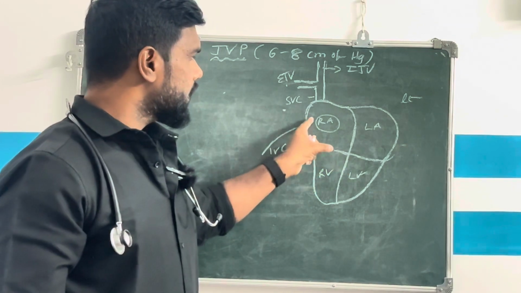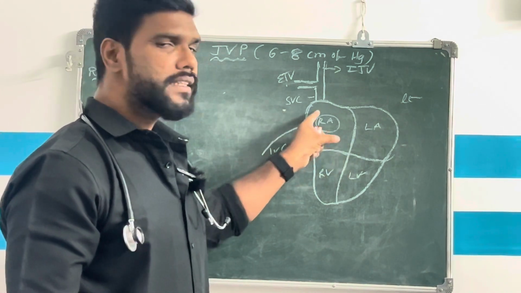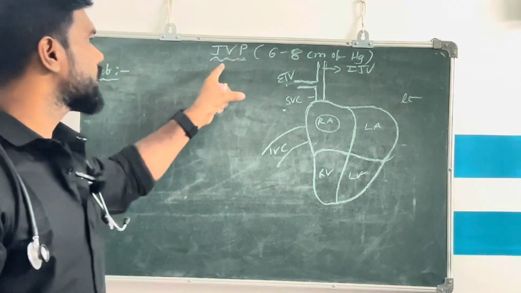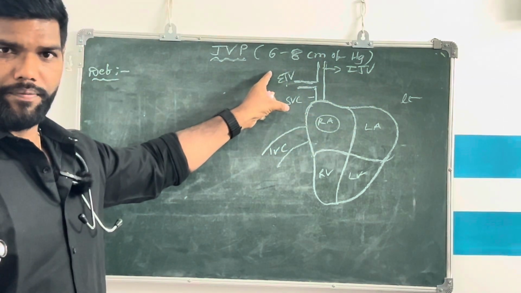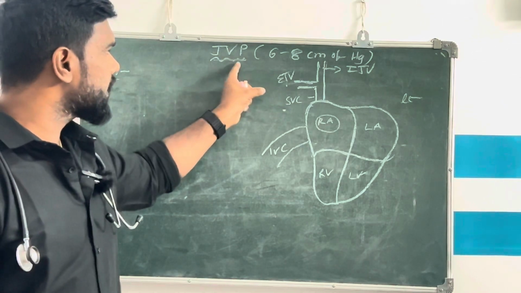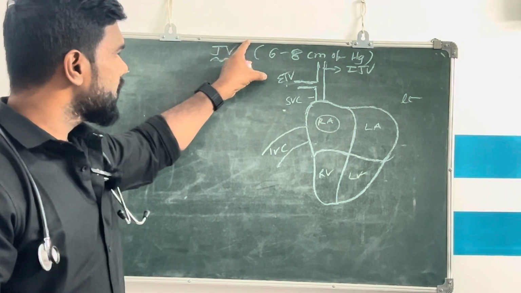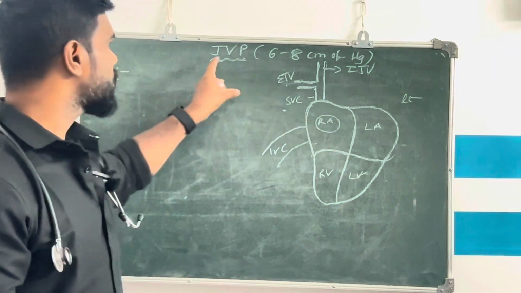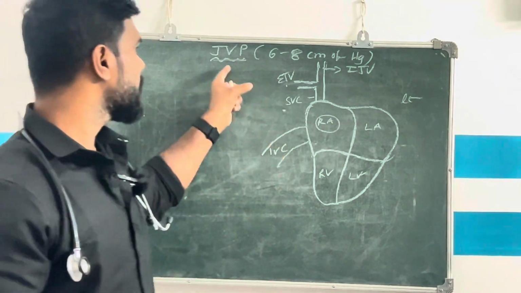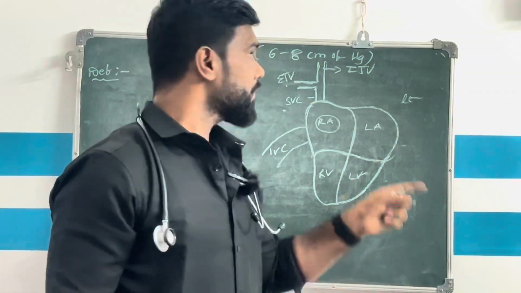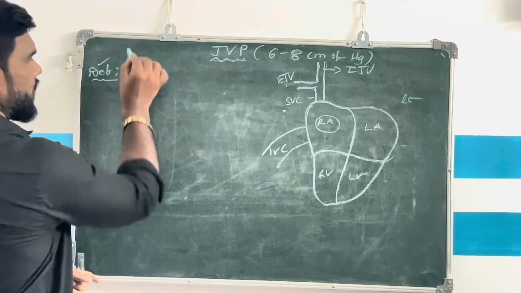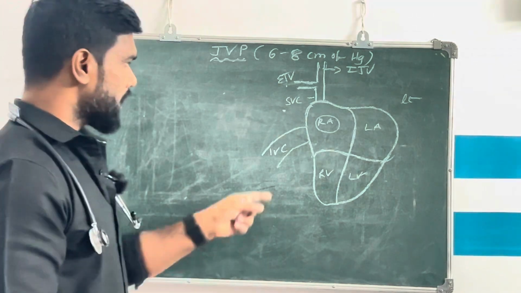That's why the pressure exerted in the right atria is denoted by the internal jugular vein, that is called jugular venous pressure. The normal value of the jugular venous pressure is 6 to 8 centimeters of mercury. So that is the definition. Simple.